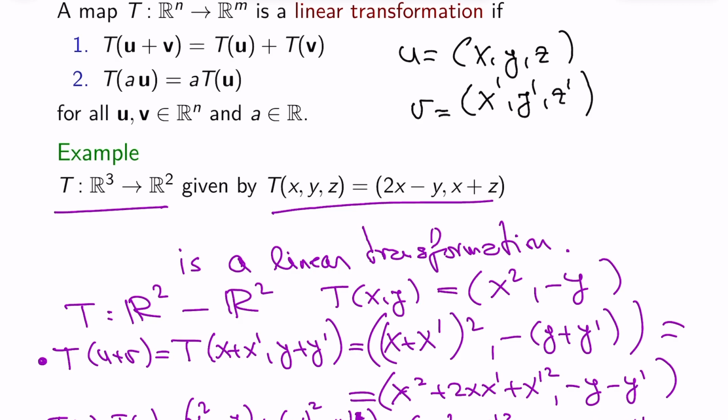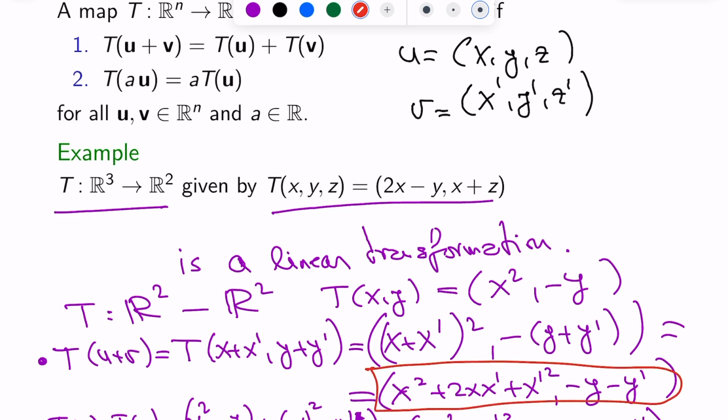Okay, so we can see now when we compare these two results that we obtain that this thing that we obtain here is really not equal to this one, right? So you see the second component coincide, but the first one not. So these are not equal. So in this case, T of u plus v is not equal to T of u plus T of v.